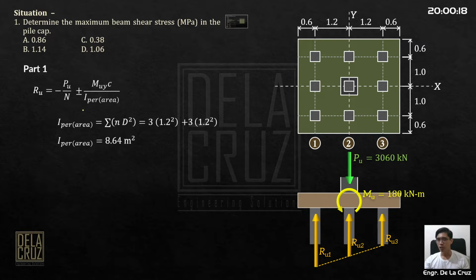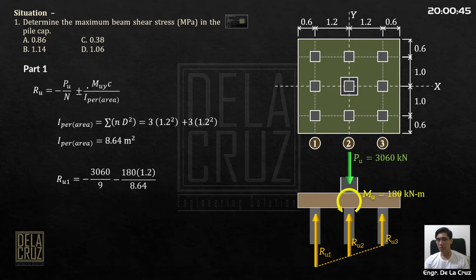Alright. So, RU1. To solve for RU1, gamitin natin itong general formula. You have PU over N. 3060 over 9 piles. Negative kasi compressive yan. Alright. So, take note, ito pinupush ng moment. So, yung gagamitin natin na sign is negative, kasi pinupush yan for compression.